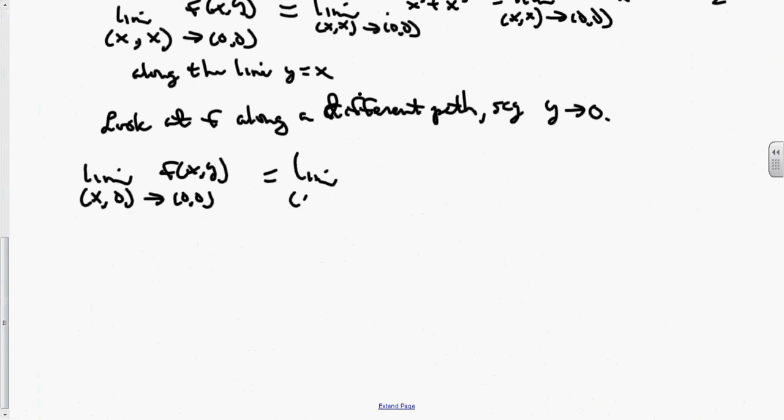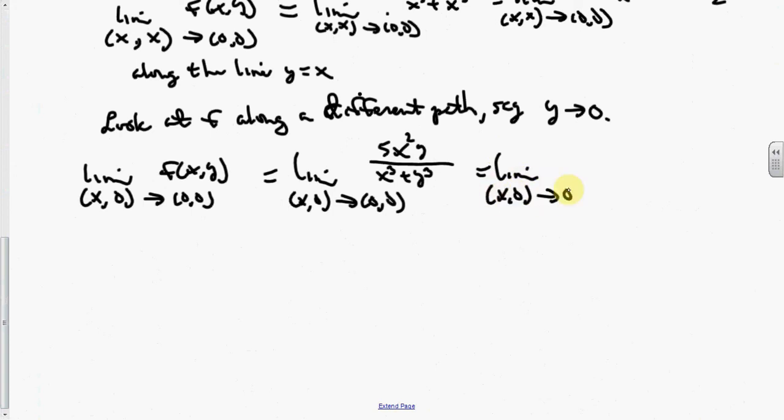This is the limit as x comma 0 goes to 0 comma 0 of f, which is x squared y over x to the third plus y to the third. Here, since y is already 0, this is 0 all over x to the third. So here x is not at 0 yet, but the numerator is already 0, so I get 0.